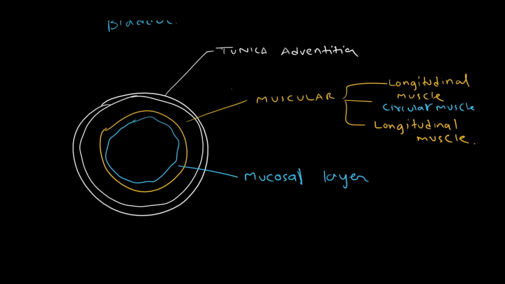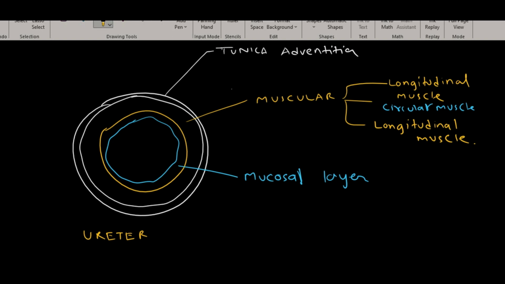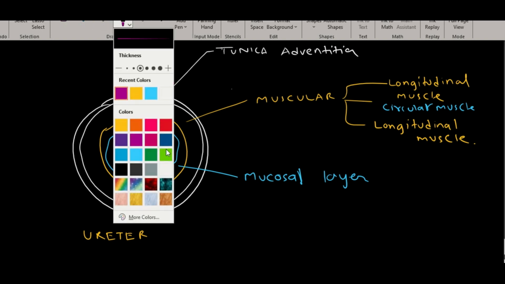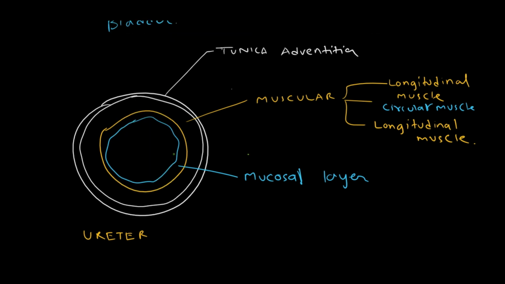So these are the three layers which are present in your ureter. And it brings the urine from the kidney to the urinary bladder. Obviously the mucosa surrounds the lumen. This is the lumen.